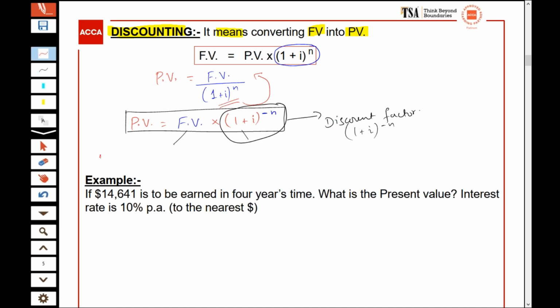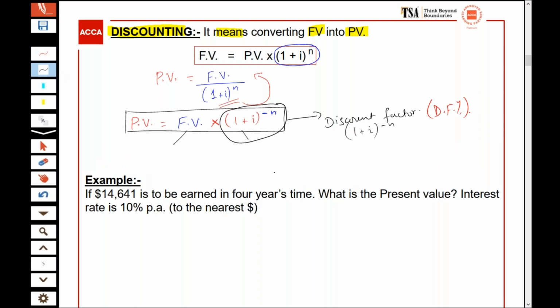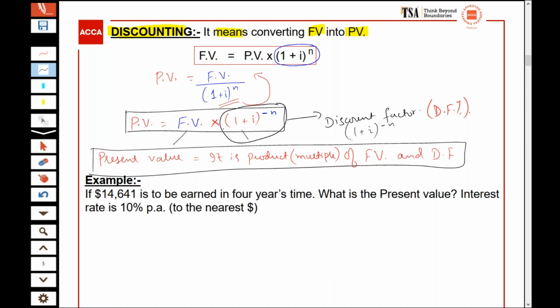So we can say that present value is the product, meaning the multiple, of future value and the discount factor. I will be using the short word discount factor. So present value is the product of future value and the discount factor, and this is the simple trick to calculate it.